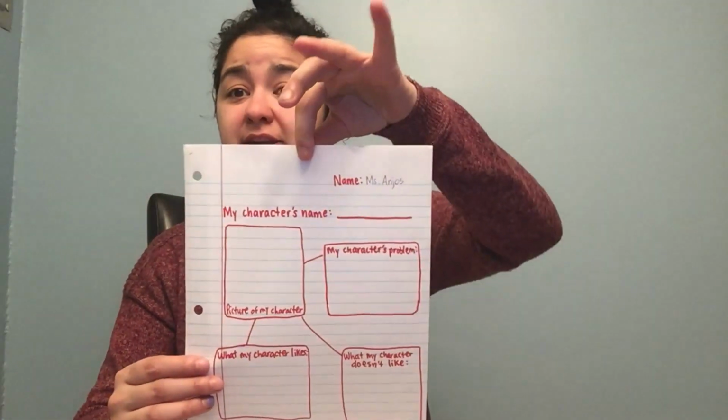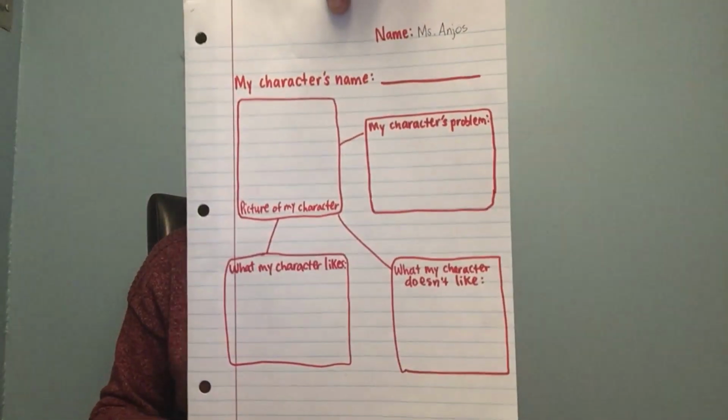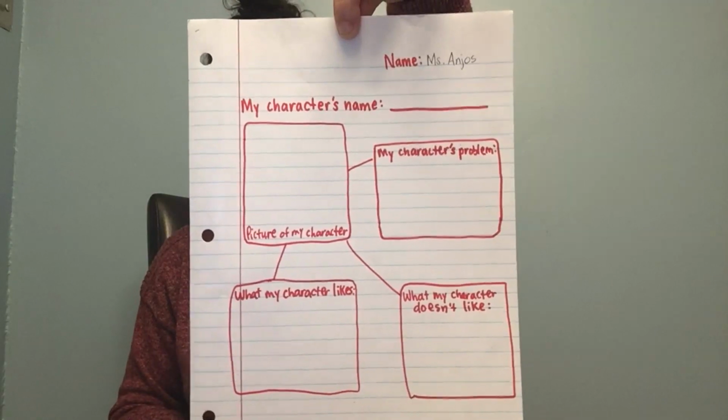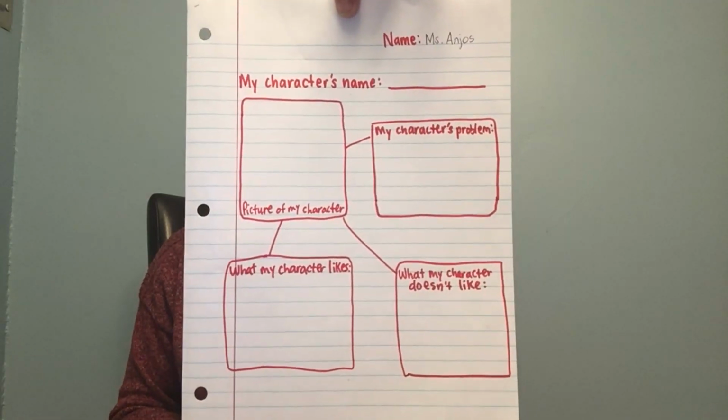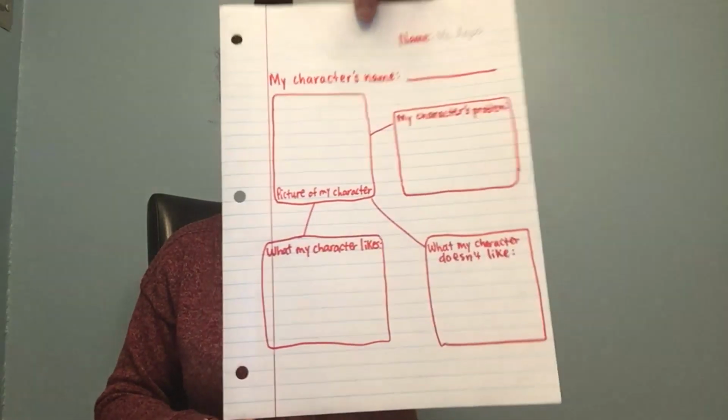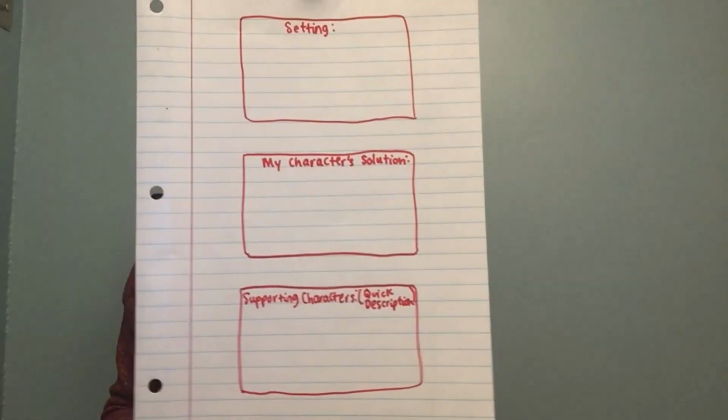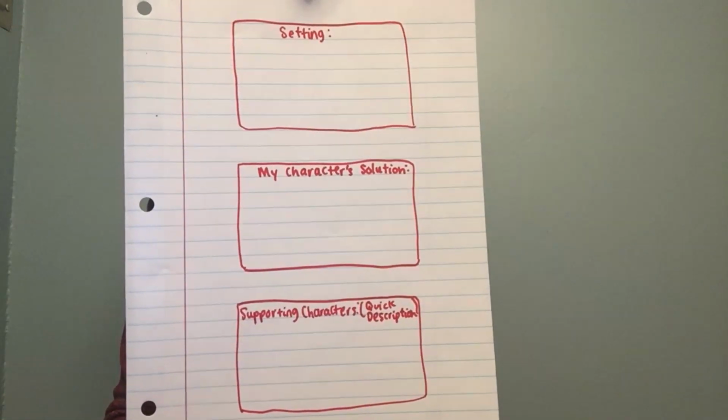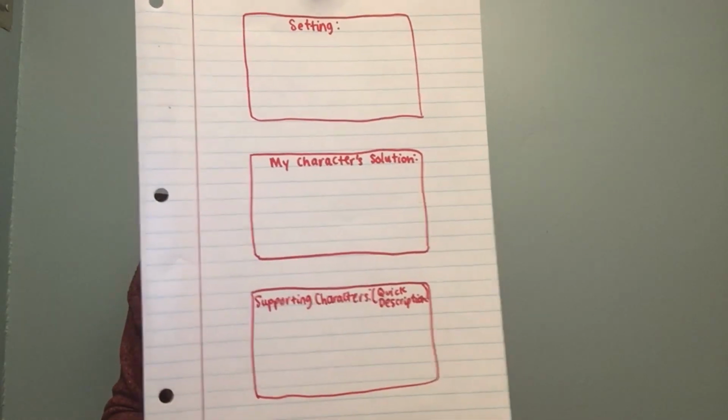If you didn't and you're using blank or lined paper, it will look like Miss Andrews' on the screen. I'm going to hold that first one up. And the second one. All right. Go ahead and take the time to make sure you have all of your materials now.